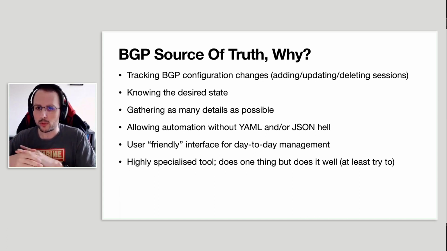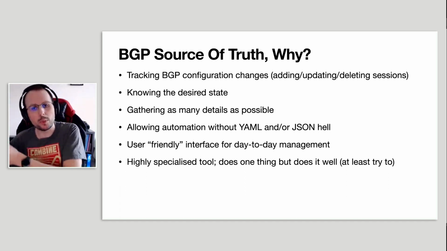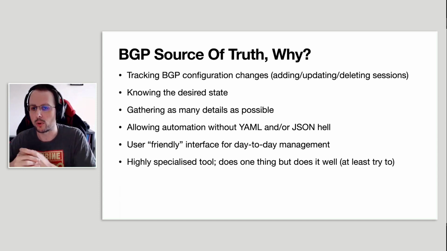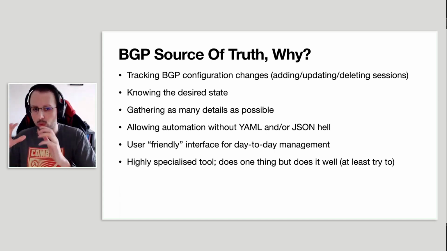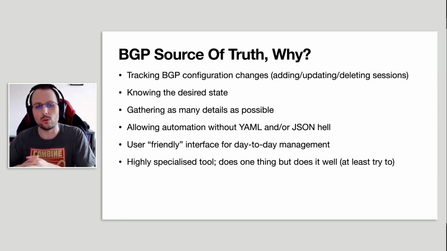Why do we provide a BGP source of truth? Because Peering Manager is actually a BGP source of truth. It helps in configuring BGP, and by BGP I mean external BGP across a network, by adding, updating, or deleting peering sessions. The idea is to know what you want to have on your network in general and be able to dispatch it automatically, using either the automation stack you have, or using what Peering Manager proposes out of the box.